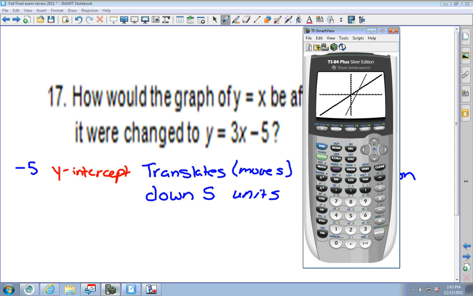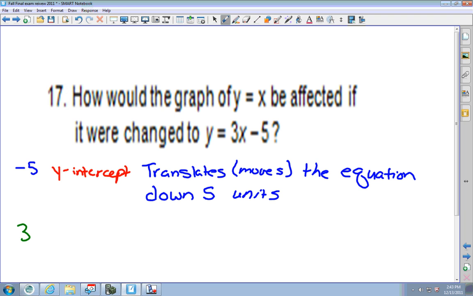Well, what is the 3 doing to it? My line, is it flatter like the last one? No, the number has gotten larger. So the 3, which is the slope, has made the function steeper.